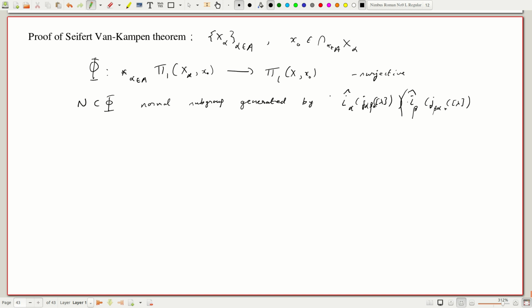Okay, so I'll just call this element g for now.